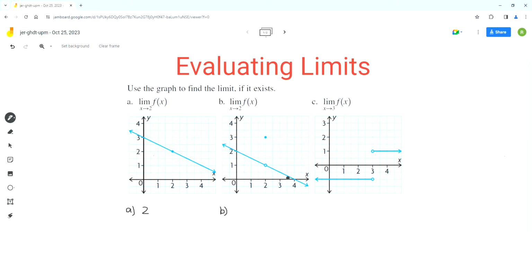So let's start with the left hand limit at x equals 2. As we approach x equals 2 from the left side along the graph, the y value approaches 1. And as we approach x equals 2 from the right side along the graph, again the y value approaches 1. So the left hand limit is equal to 1, and the right hand limit is equal to 1.